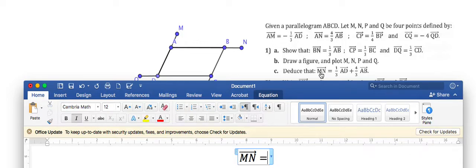So I may decompose vector MN by using vector MA plus, since I have no information, okay, MA plus AN.